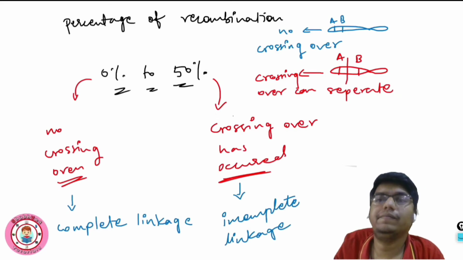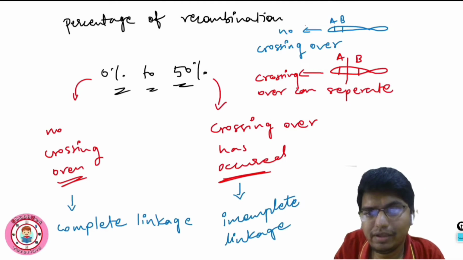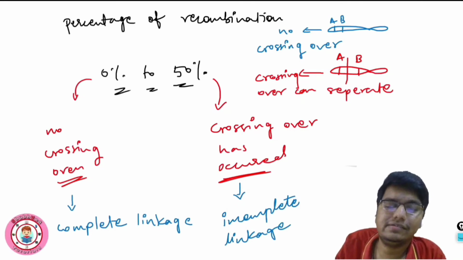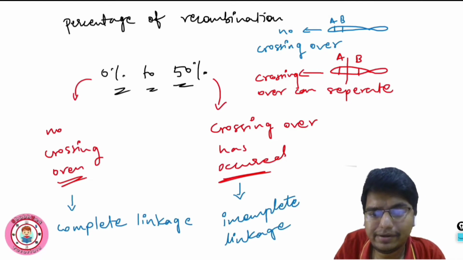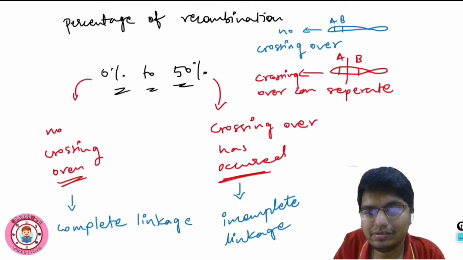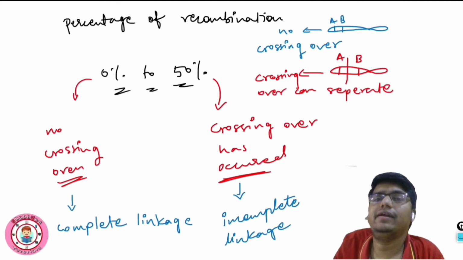And in the first case, even if crossing over occurs, these genes will not be separated because they are too close, because they will be inherited together only. And in the second, they can get separated because they are apart from each other.